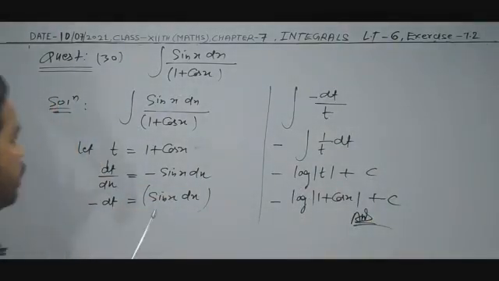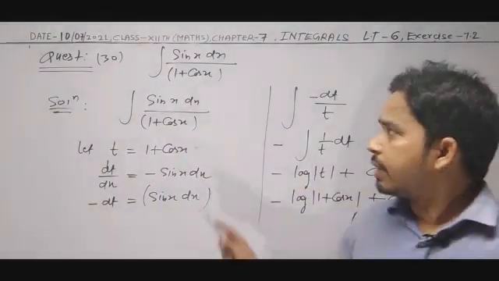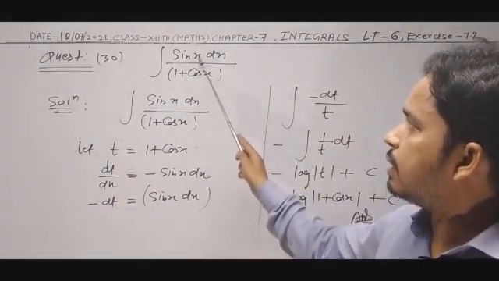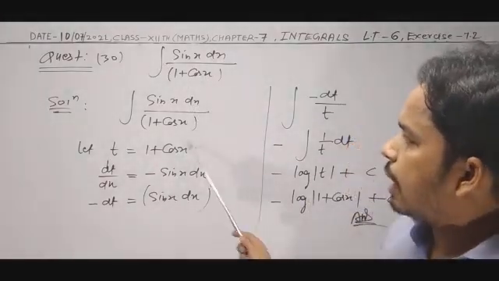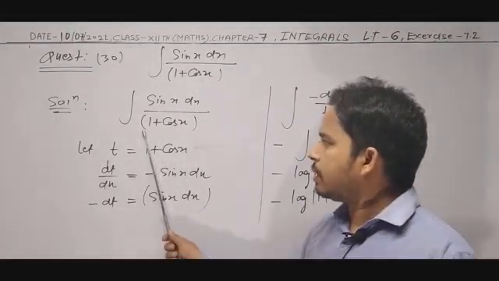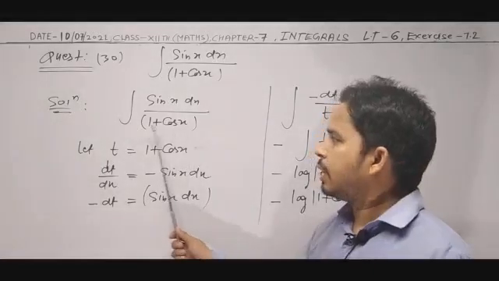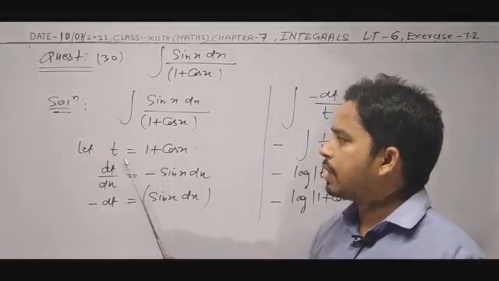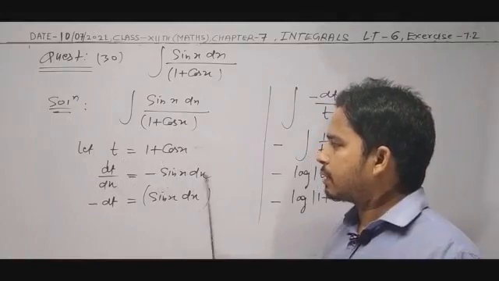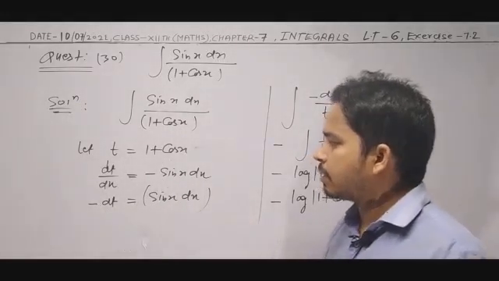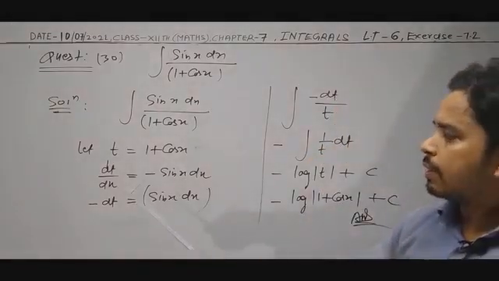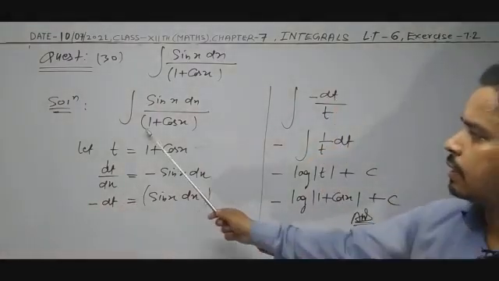Now see again, in this question number 30, first of all the given integration is sin x dx upon 1 plus cos x, and when you consider 1 plus cos x equal to t, then when you differentiate t, you get minus sin x dx. So minus dt can be written as sin x dx, so sin x dx can be written as minus dt, and the denominator is t.